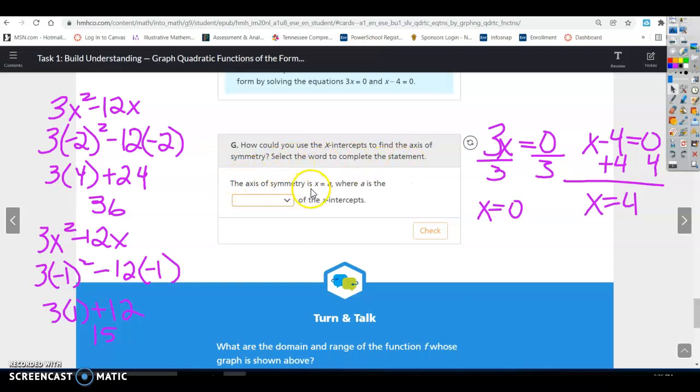The axis of symmetry is x equals a, where a is the average of the x-intercepts. All right, so a is just going to be whatever the value is that's halfway between, because remember it cuts it in half, and average takes two things, adds them up, and finds the middle.